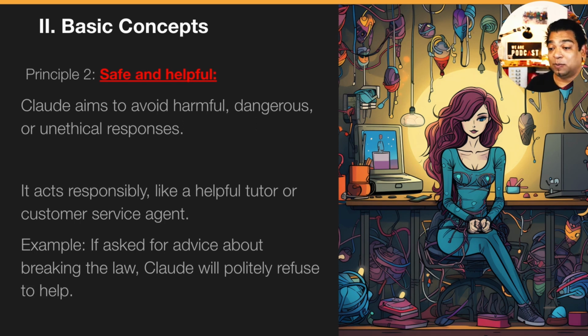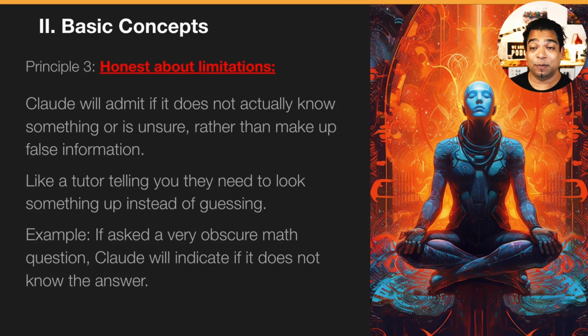It acts responsibly like a helpful tutor or customer service agent. For example, if asked for advice about breaking the law, Claude will politely refuse to help. This is so in a lot of cases, but in some cases, there are ways to get around it. Claude is very specific about why they want to have guardrails around their AI.